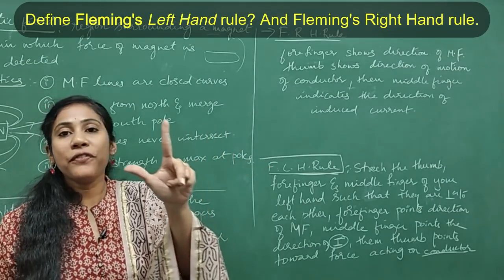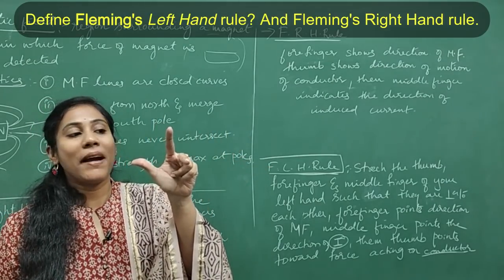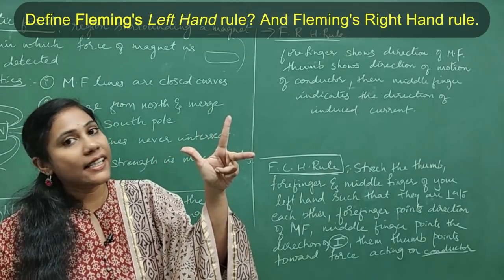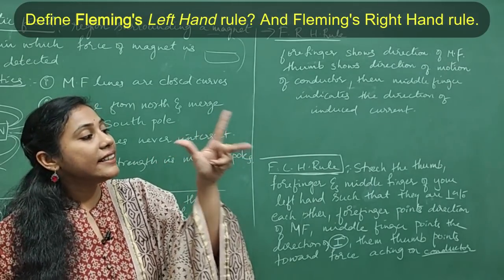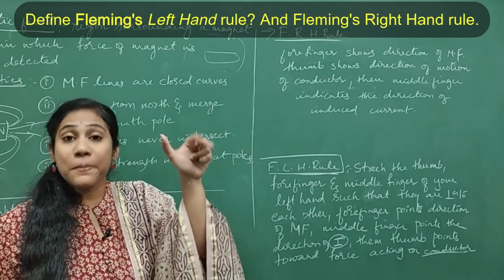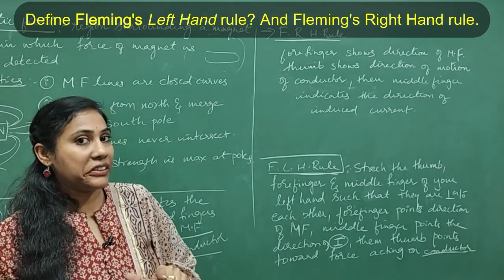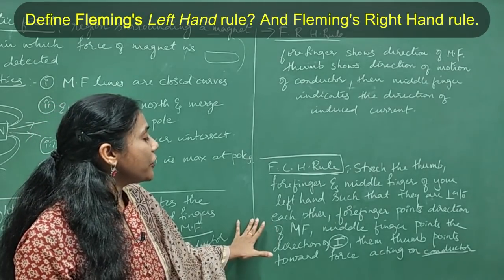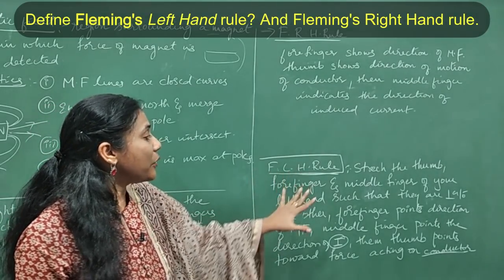So if the forefinger indicates the direction of magnetic field, middle finger indicates the direction of current, then thumb will tell you in which direction the force is experienced on the conductor. So that is the definition of Fleming's left hand rule.